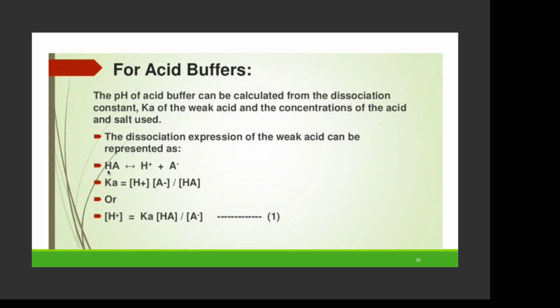Clear? Yes, sir. Okay, so this A minus actually will indicate the salt, right? Because in the buffer it is actually coming from the salt, right? Yes, sir. And this one will indicate the acid. Clear?